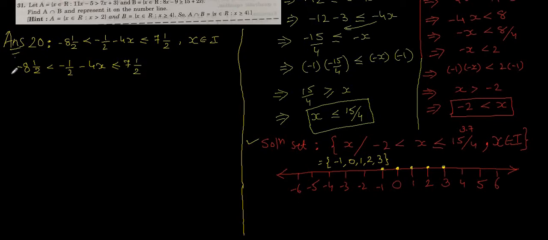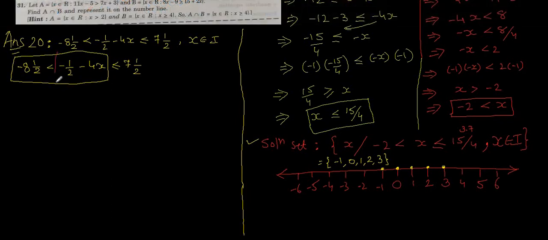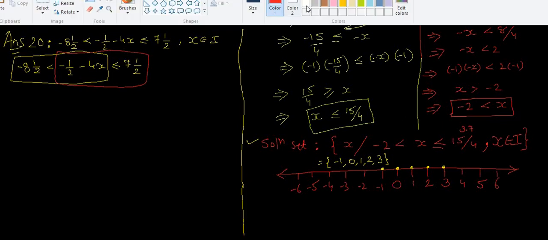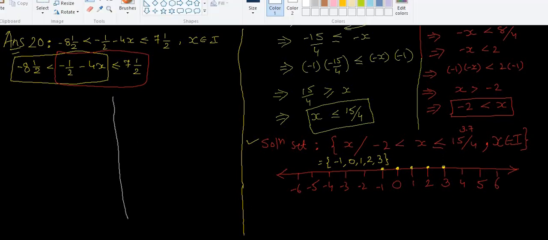So here I am getting two expressions, and another one is here. So we'll make a column here and we'll start with the first one.